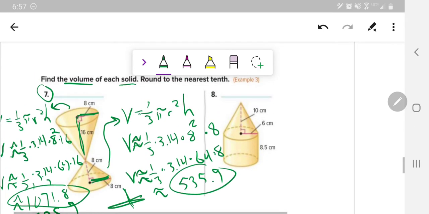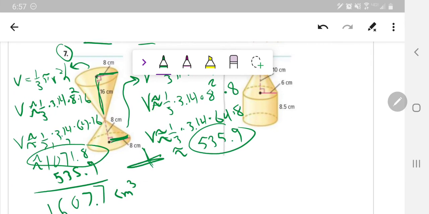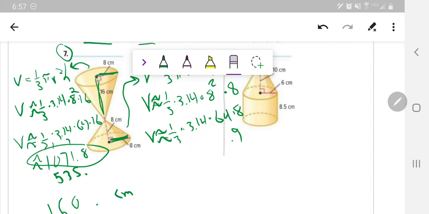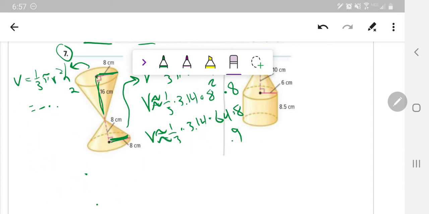All right. So find the volume of the individual solids, and then add them up to get the volume. Sorry, I might have said area. The volume of the composite solid. I'm going to erase all this and get to work on this other one.